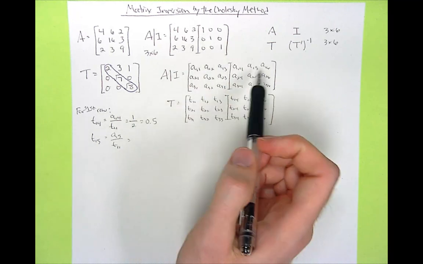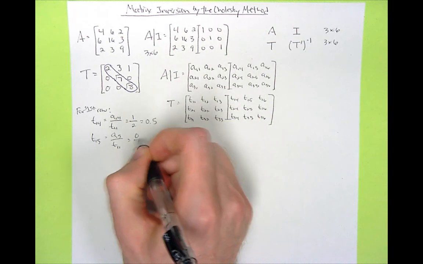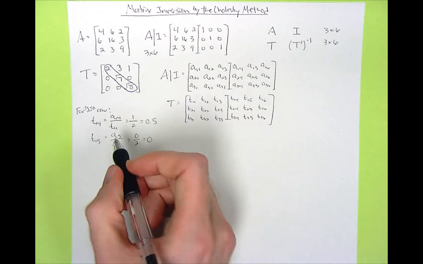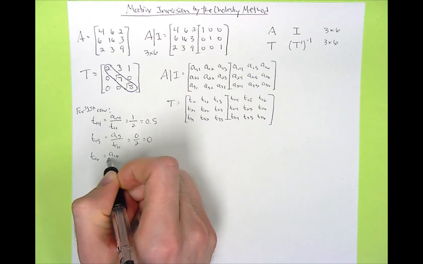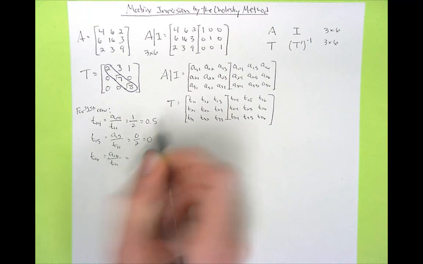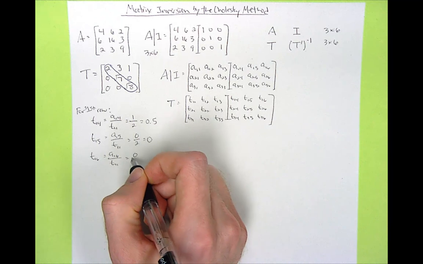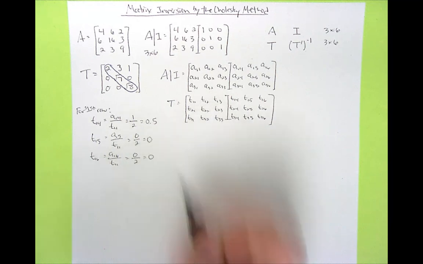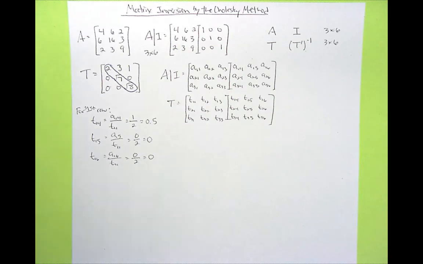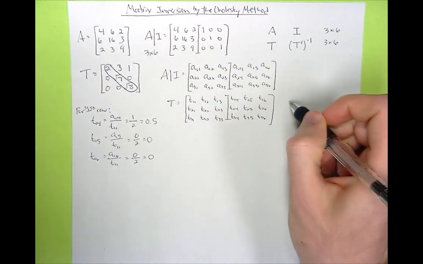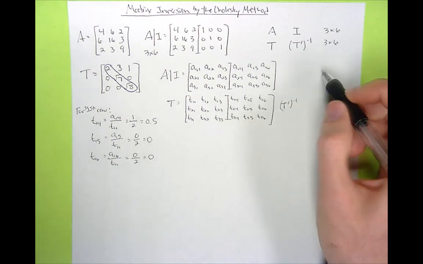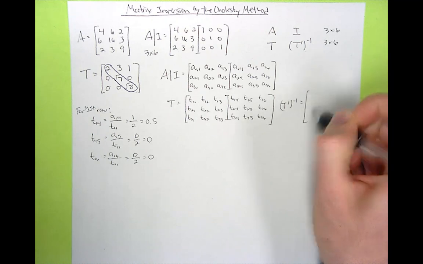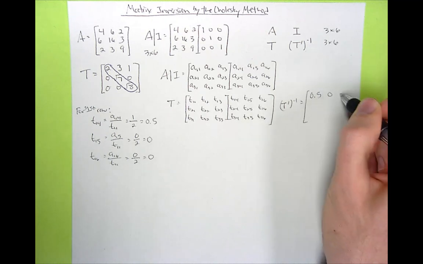A15 is 0 over 2 is 0. And then T16 is A16 over T11, which also equals 0 over 2, 0. So let's build it over here actually. We have our first row completed of this one. We got 0.5, 0, 0.